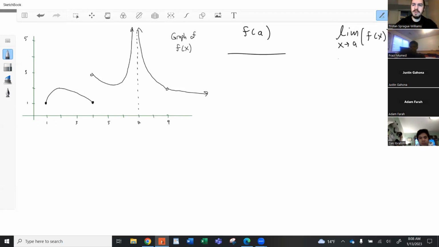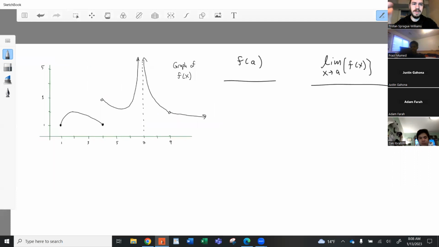So these are two different things. We can call them the function value, or the function output value, whatever. And then this is the limit value at some number, right?